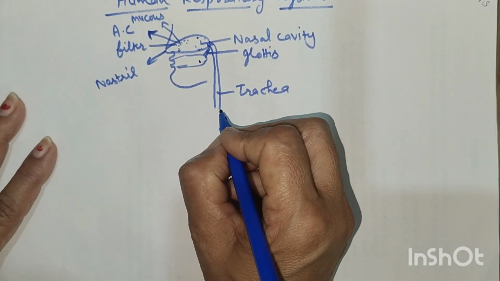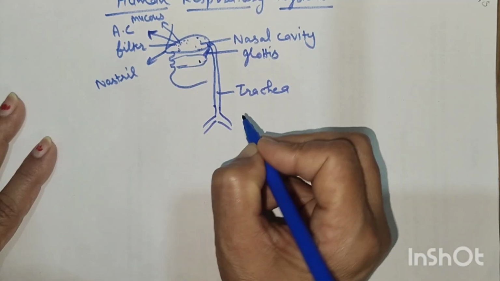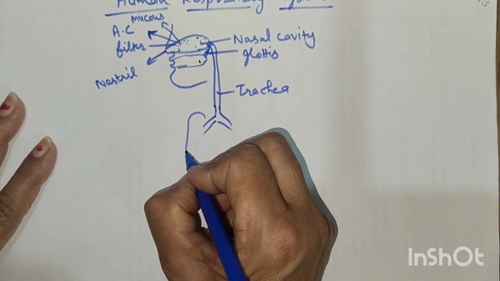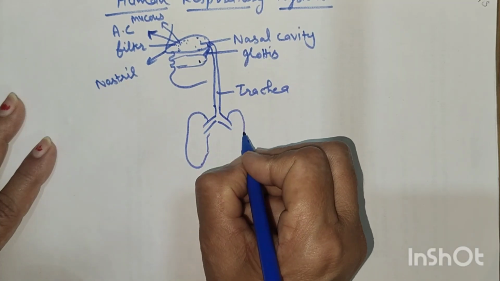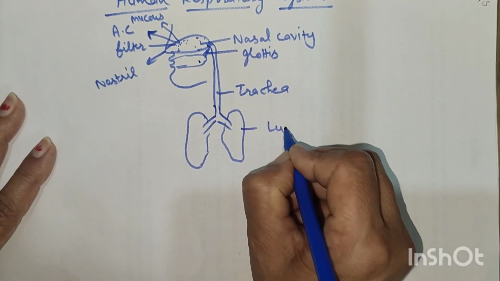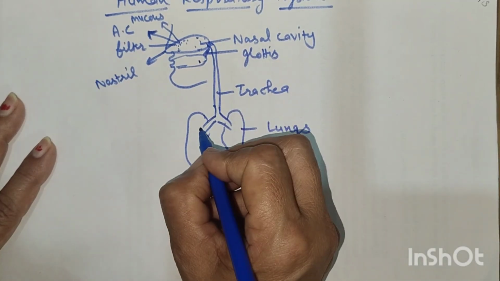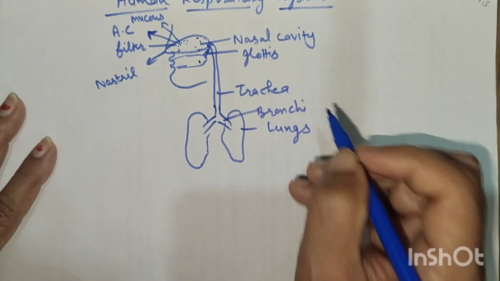This is called the glottis. Now this trachea divides into two bronchi, and these bronchi enter into the two lungs.